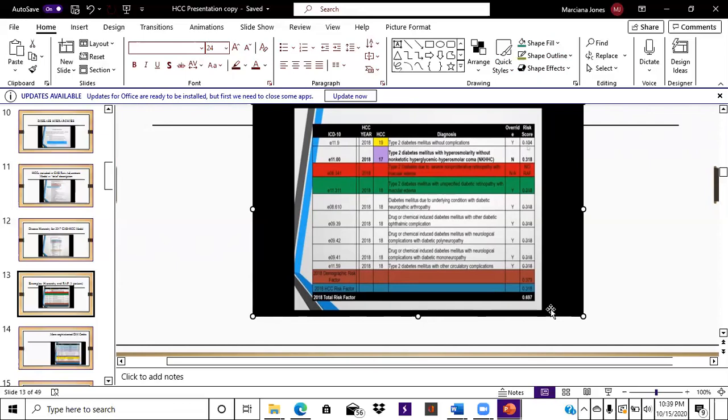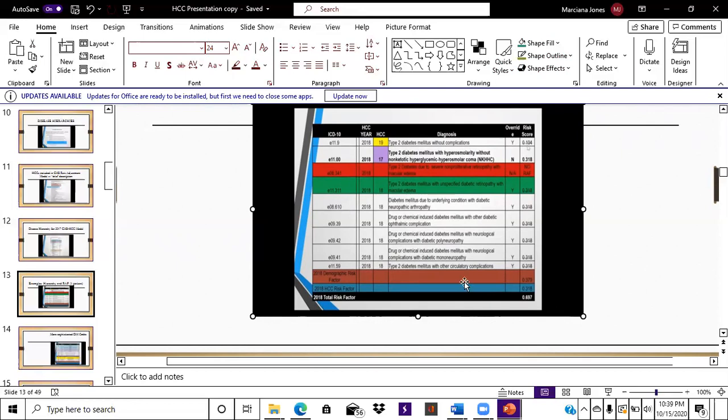All the diagnoses on this chart are one patient, just an example to show how the RAF is calculated. We have 19, diabetes without complication, and 17, diabetes with complications. And remember, the lowest number, 17, will override 19.